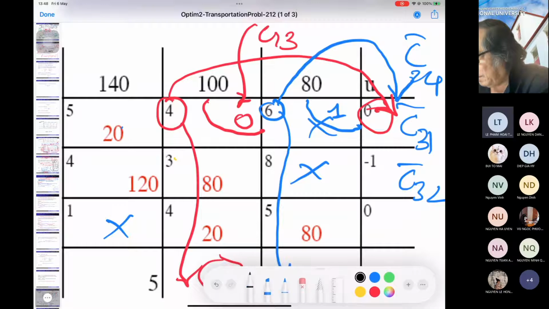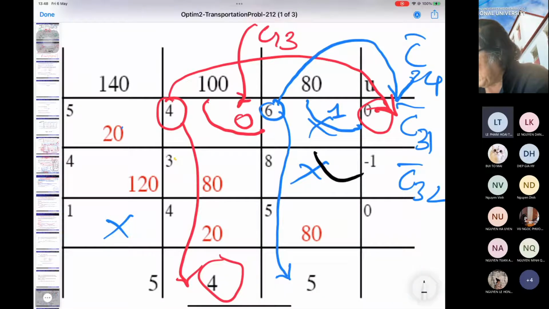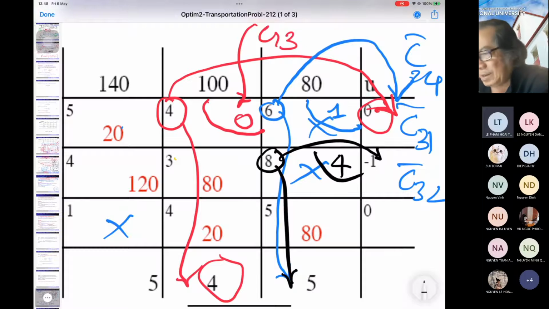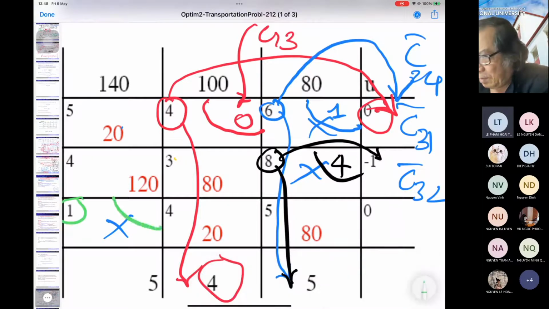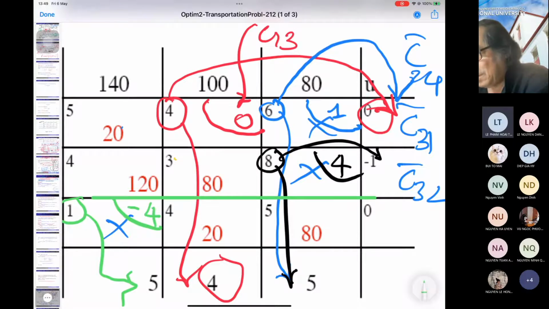You can calculate the others very easily. This C bar is equal to 8 minus 1 minus 5, so 8 minus 5 is 3, minus minus 1 is 4. Is that okay? What is this one? 1 minus 0 minus 5, so 1 minus 5 is minus 4.